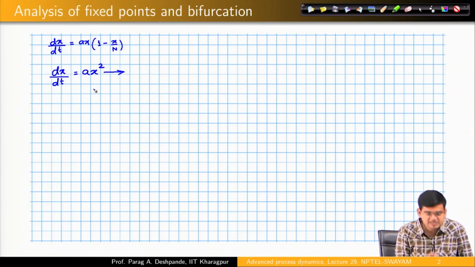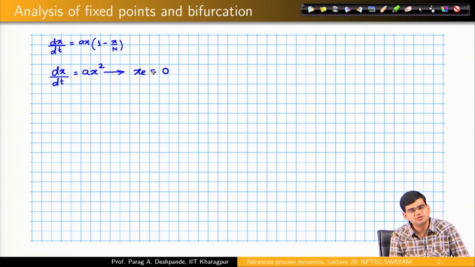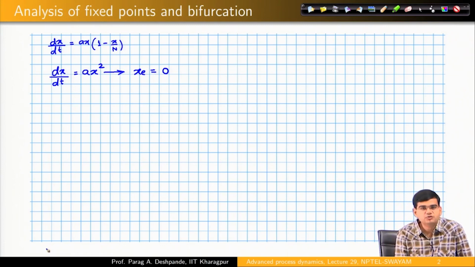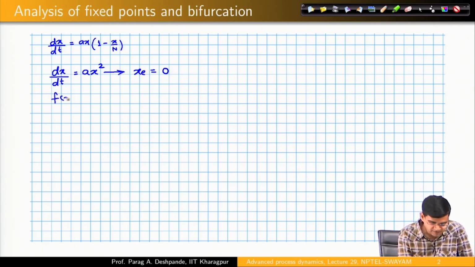So, I need to analyze this model, and how do I analyze this continuous model? Not very difficult to analyze. I had x equilibrium as what? 0, one equilibrium solution. What will you do to determine whether the equilibrium solutions are stable or unstable? You would assign f of x is equal to a x squared.